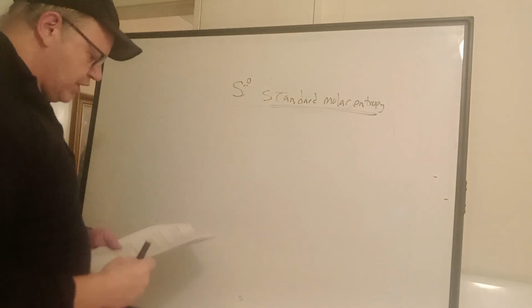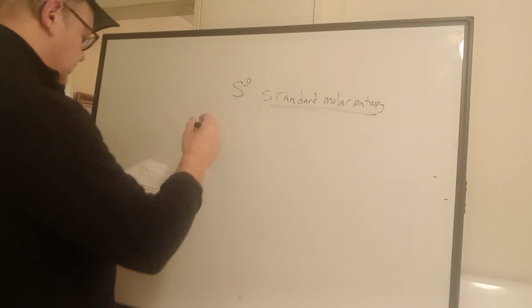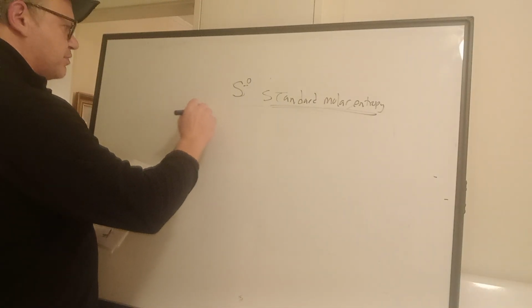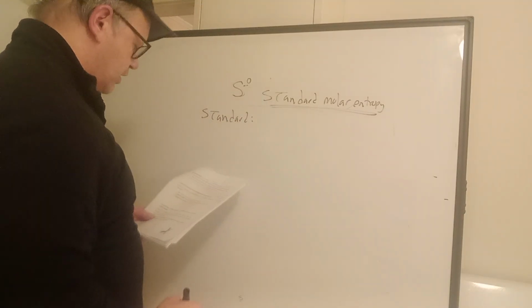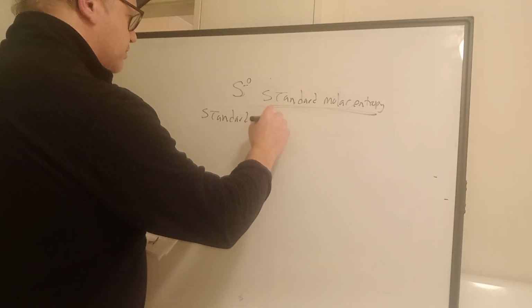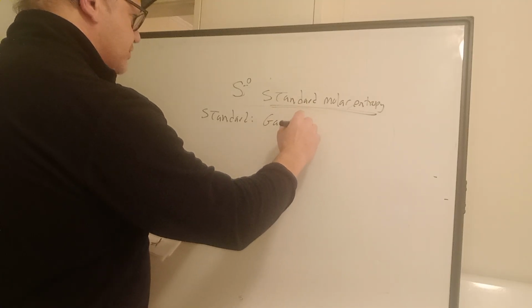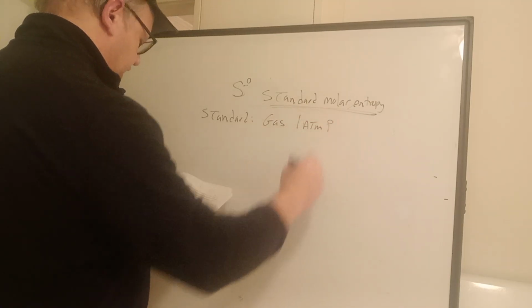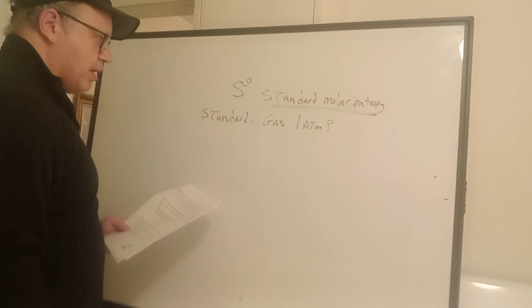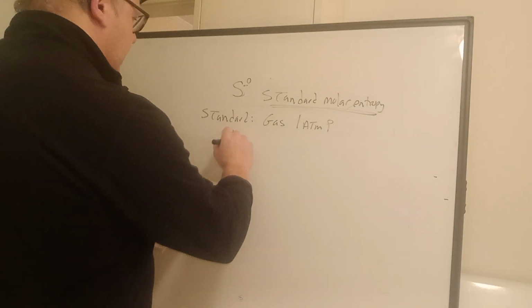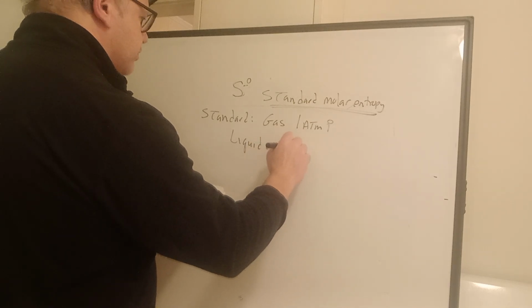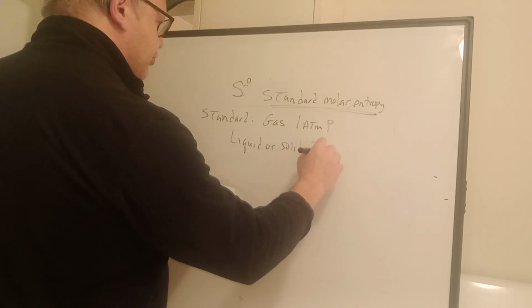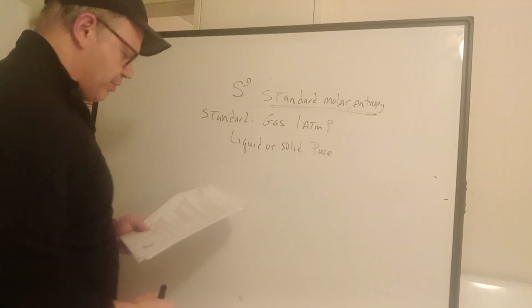This is a review, but when we talk about standard conditions, what do we mean? For a gas, it's 1 atmosphere pressure for that particular gas. So for a liquid or solid, it means it's pure, like pure iron or liquid water.